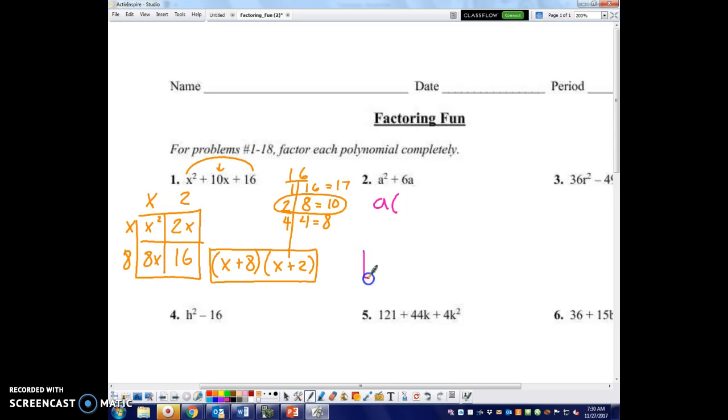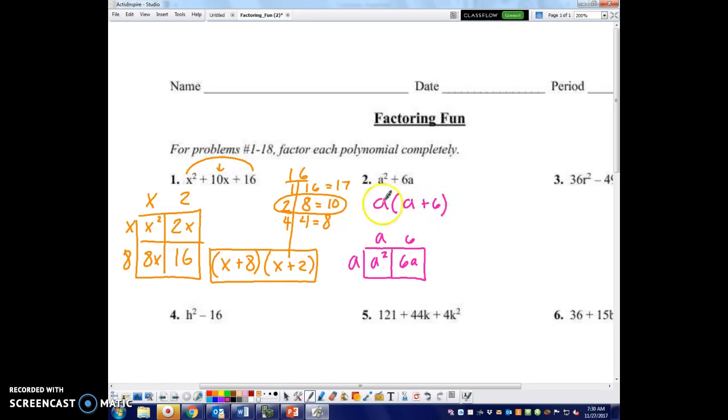Let's do it this way. So a squared, 6a, we took out an a. So what goes up here? A times what gives you a squared? A. A times what gives you 6a? So what goes inside here? A plus 6.